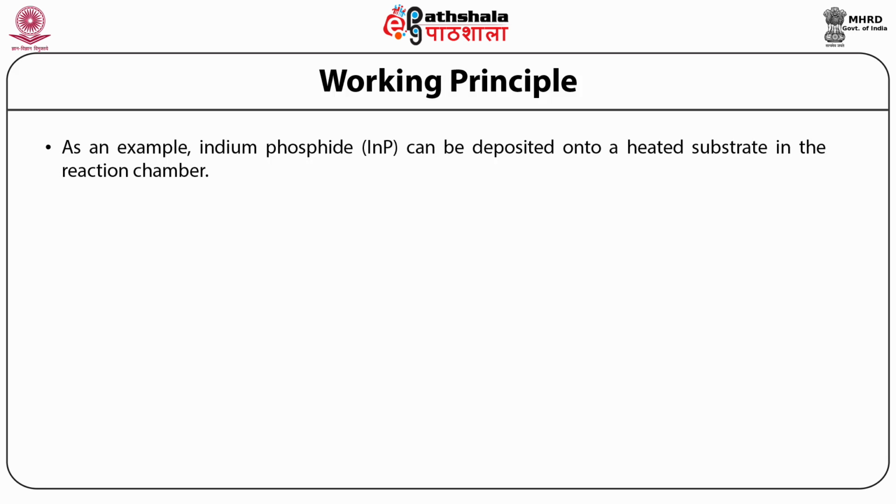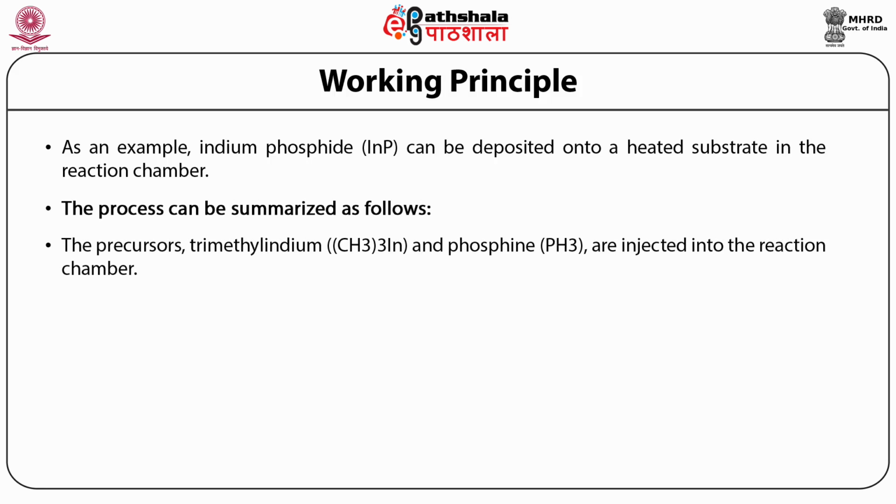As an example, indium phosphide can be deposited onto a heated substrate in the reaction chamber. The process can be summarized as: first, the precursors trimethylindium and phosphine are injected into the reaction chamber.